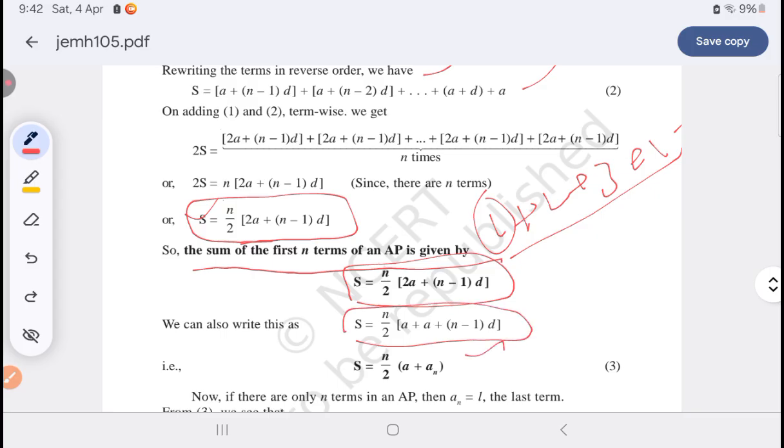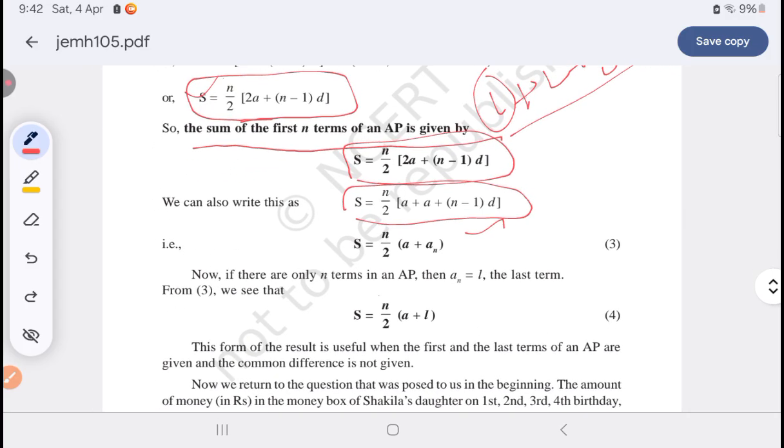If you know the first term and last term, there is another formula. If the common difference is not known but you know the first term and last term, you can use this formula. If you know the common difference and first term, you can find the sum of the first n terms of the AP by this.